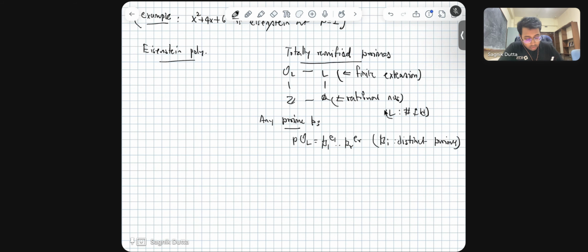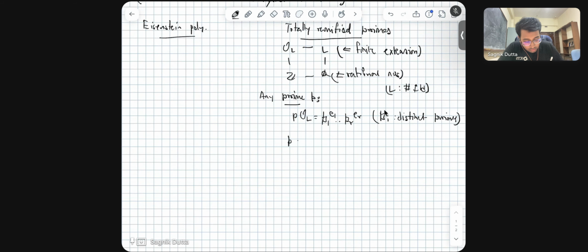So this p is called ramified if some ei is at least 2. That means it's not a product of all distinct primes. One of the pi has to repeat twice.